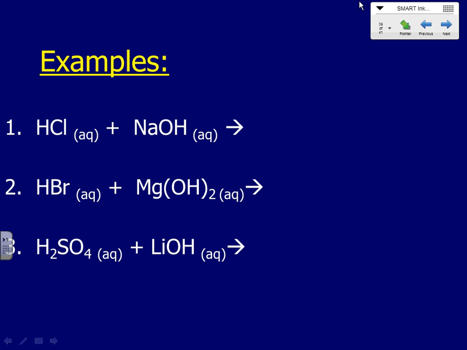Now, we haven't talked about predicting the products of a neutralization, but we now have the tools to do it. You need to realize that a neutralization is a double displacement.